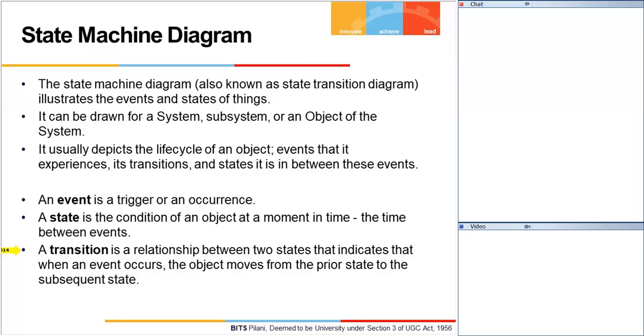So transition is the movement of the object or the system from one state to another, right? With these three things in mind, let's see what a state transition diagram looks like.